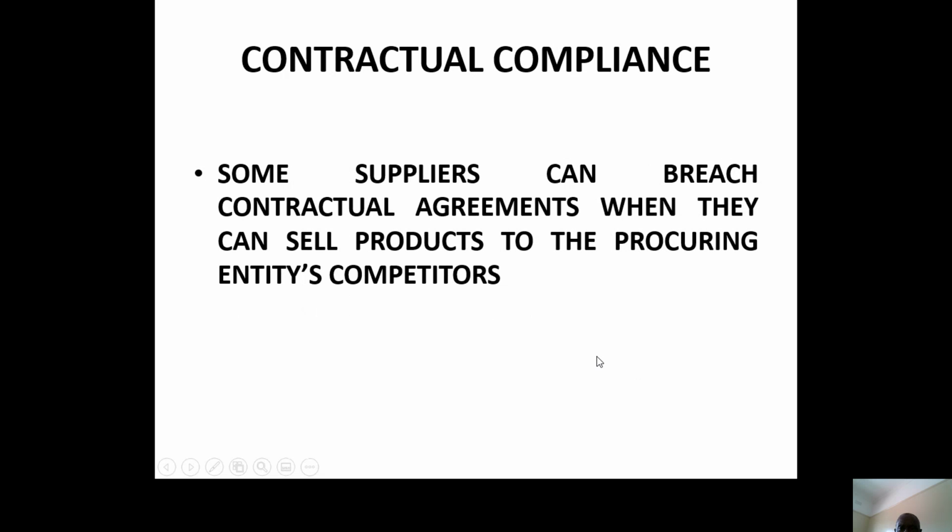Contractual compliance. Some of them are good at breaking contracts. That becomes a problem. Contractual agreements. They are selling the same product, but they are not selling to you.